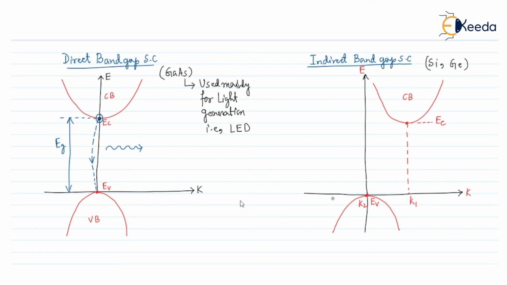This Eg is nothing but Ec minus Ev, and it will come out as a light wave. This light wave has a frequency of nu, so we get h nu light energy. In this way the direct band gap semiconductor can be used for the light generation process.